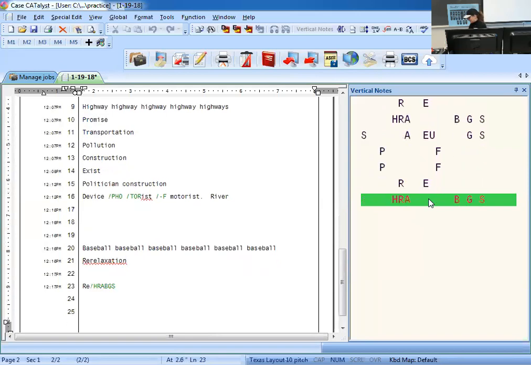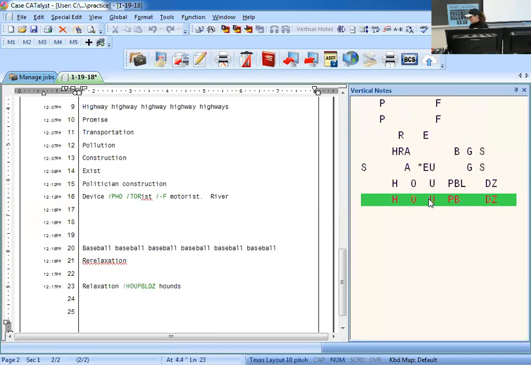Relaxation. I think you have to put the asterisk in. Yes. Okay. You've got hounds. You can write one stroke. H-O-U-N-D-Z. Hounds. You've got earth is E-R-T asterisk.